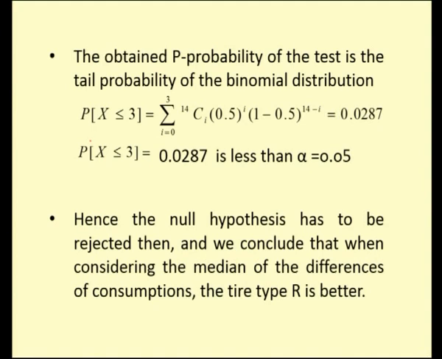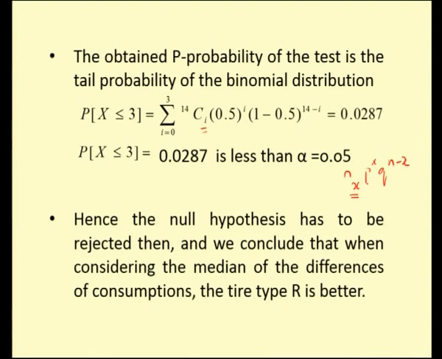So I want to find out the probability of x less than or equal to 3. So here, i equal to 0 to 3, using the same binomial distribution nCx p to the power x q to the power of n minus x. So n is 14, and in the place of x, i ranges from 0 to 3.